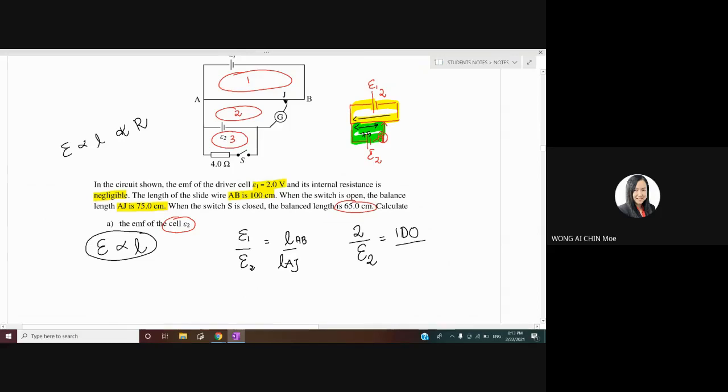Just now the upper loop is 100 cm. So we substitute 75, and you can find your epsilon 2. Press the calculator: 2 times 75 over 100. You will get your epsilon 2 actual value of 1.5 volt.